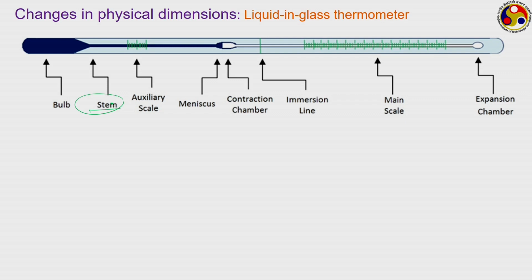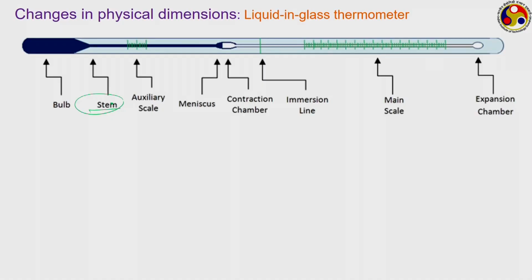It is also important to minimize the effect of thermal expansion, because as the temperature of the fluid changes and its volume expands, the volume of the glass is also expanding. We somehow have to go for a compromise, so the coefficient of expansion for the glass needs to be arranged such that its effect is minimal on the final reading, and that is why it is important to choose the material for the stem depending upon the temperature range of operation.